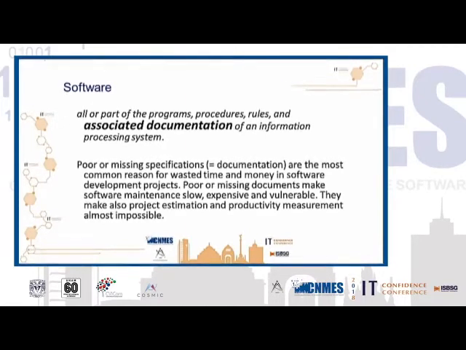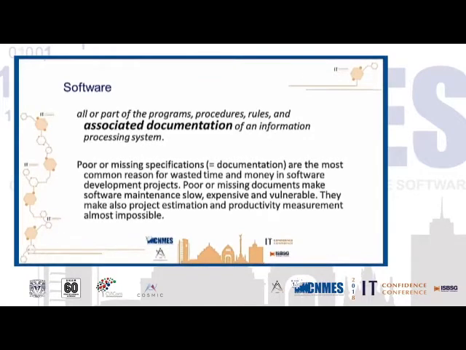And I have seen in my many years' career in the software industry that poor or completely missing specifications, meaning the documentation, are the most common reason for wasting time and money in software development projects.